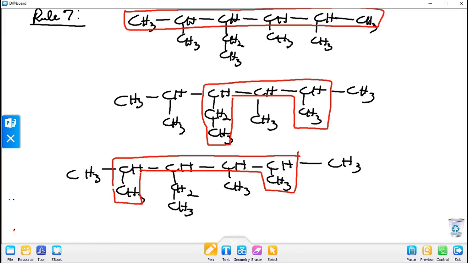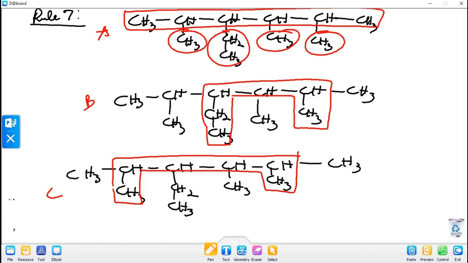Now, looking at these different numbering schemes, from the first structure, all this is the same compound. This is student A, student B, and student C. Now for student A, he has taken the straight chain as his parent chain, and he is having 1, 2, 3, 4 side chains.